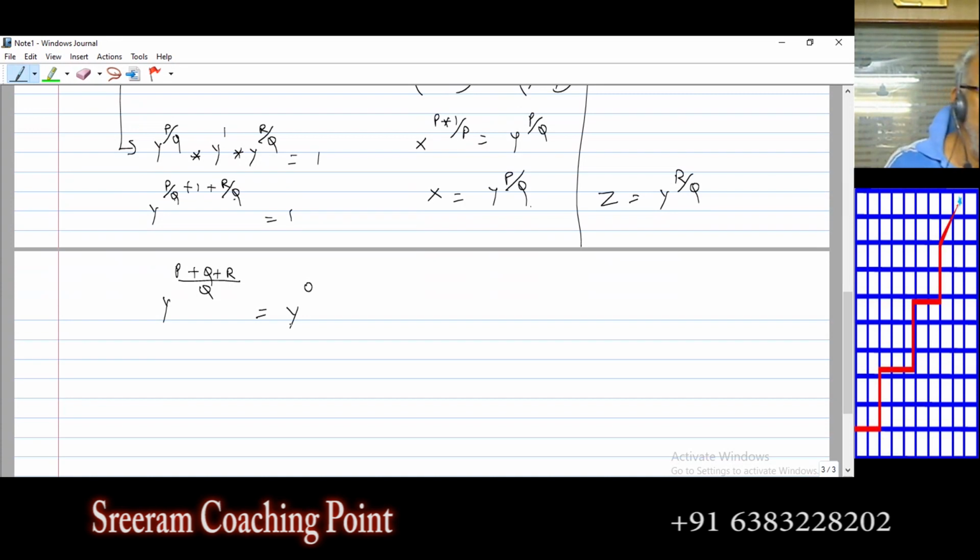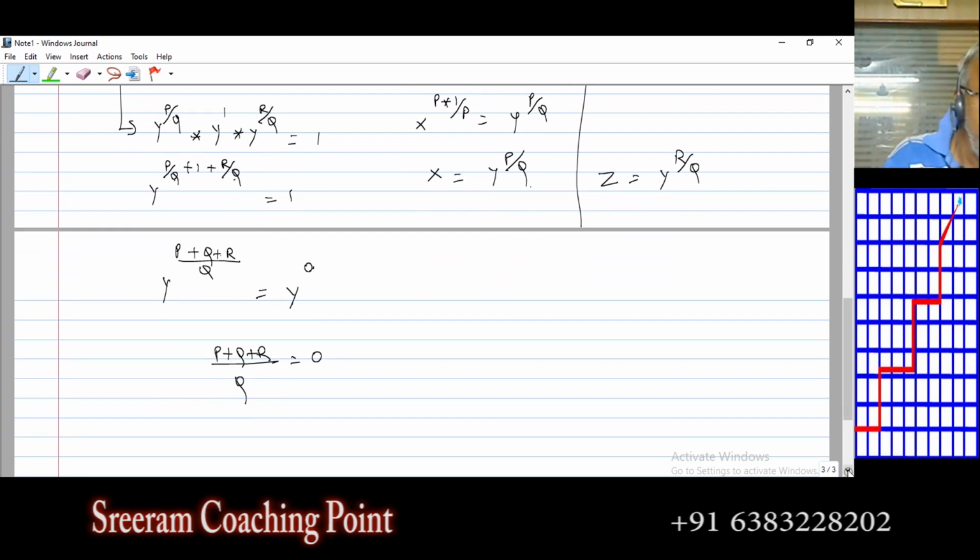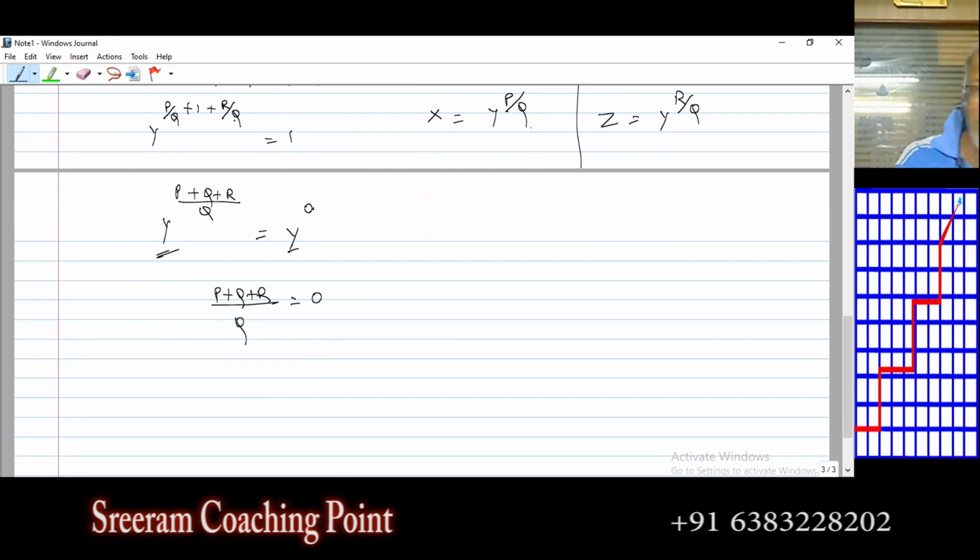Any number to the power 0, excepting 0, gives 1 as the final answer. So now we can bring out p plus q plus r divided by q, which is equal to 0. I am equating index to index because we have a common base. So now p plus q plus r equals 0, because q into 0 is going to be 0.